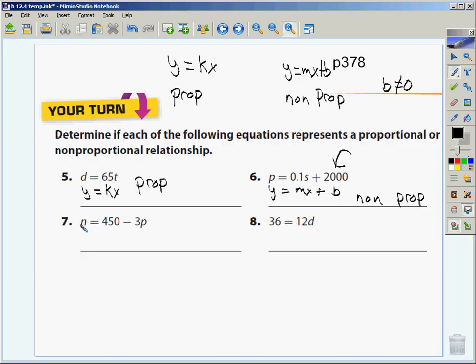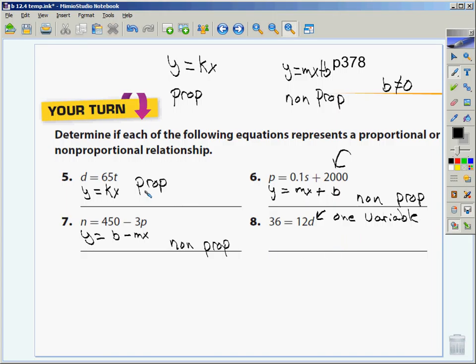This one is almost in the form y equals mx plus b. This is y equals b minus mx. My slope is actually negative. It's a negative 3, and my y-intercept would be 450. So this is a non-proportional relationship. And if I come to look at number 8, I notice that there is only one variable.